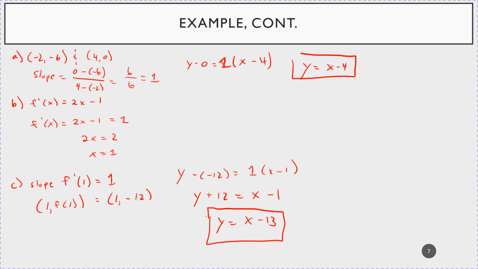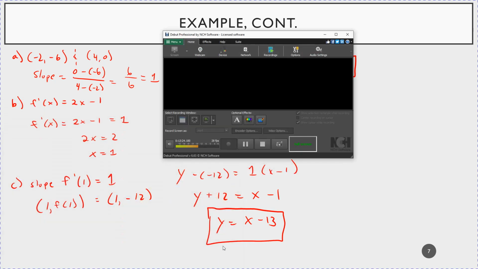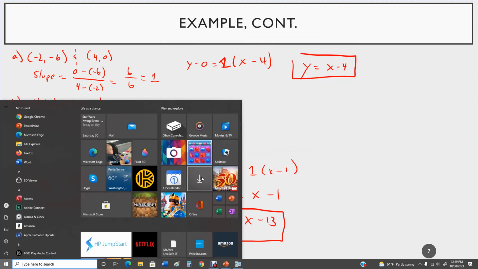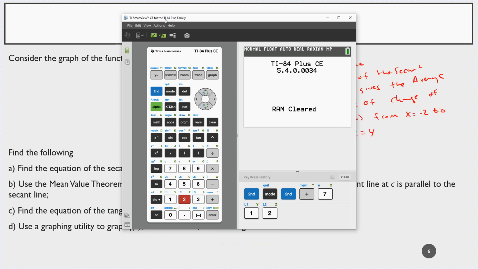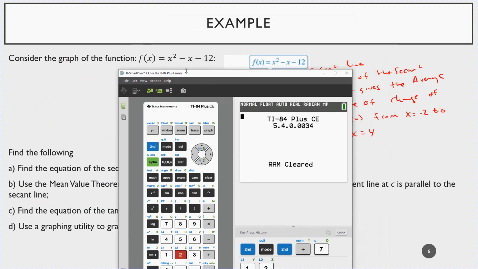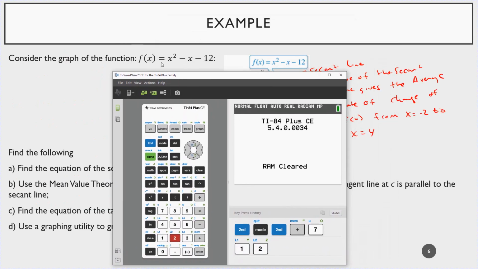Now you're going to see something really cool here. And I'm going to load up my graphing calculator now so you can see it. So when I load up my graphing calculator here, here's what I want to do. I want to plug in first the original function. Okay.